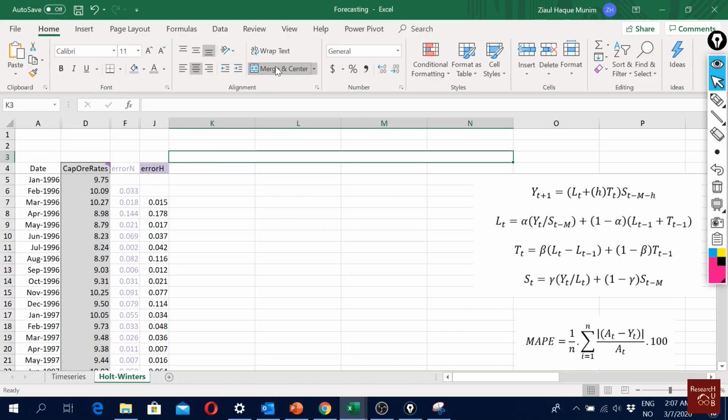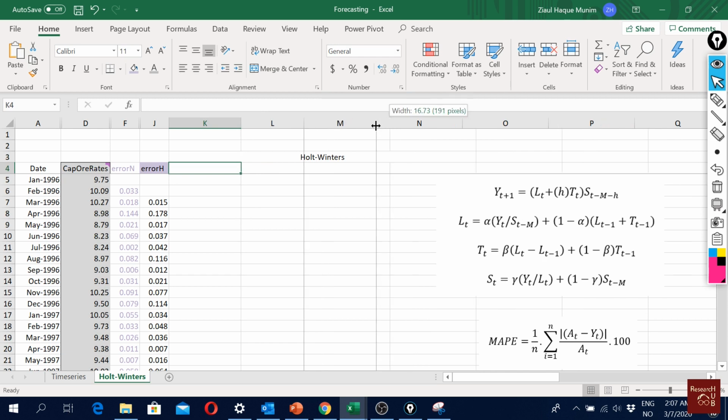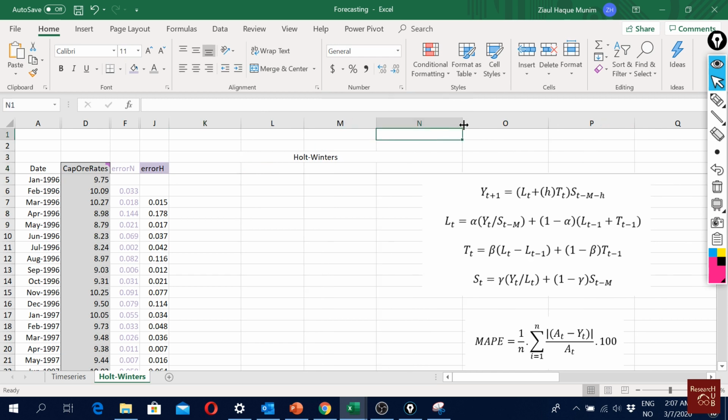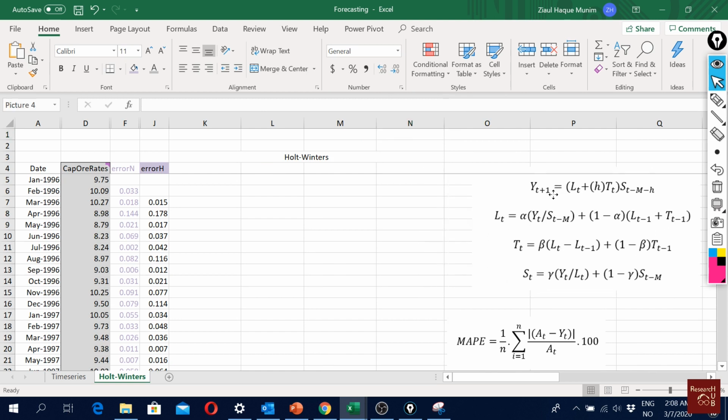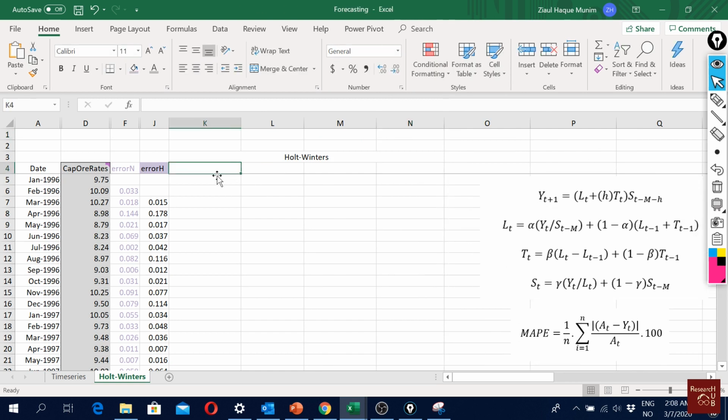So now we are starting with the Holt-Winters model. We will need at least 4 columns and three smoothing parameters. So the first one we will call LT, the level one.